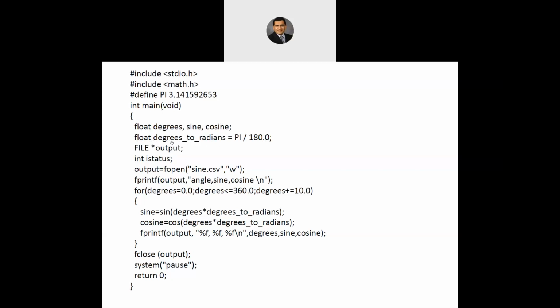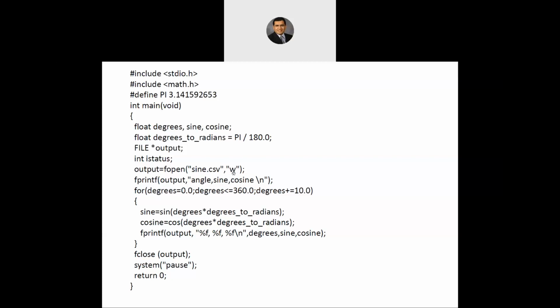And then I create a file pointer known as output. The file pointer can have any name you want, okay? Then I say output file pointer is associated with a file sign.csv and it is in write mode.